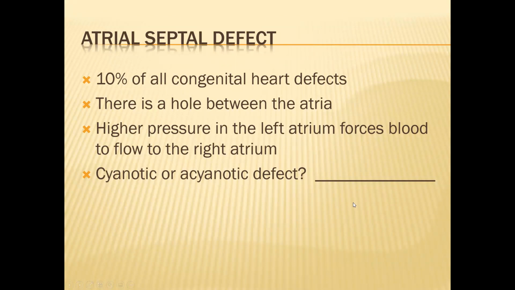Okay, the next congenital cardiac defect is atrial septal defect. It's a hole between the atria, meaning that the foraminal valve flap didn't close. And now there's a communication between the left atrium and the right atrium. There's higher pressure in the left atrium, and that ends up pushing blood back into the right atrium.